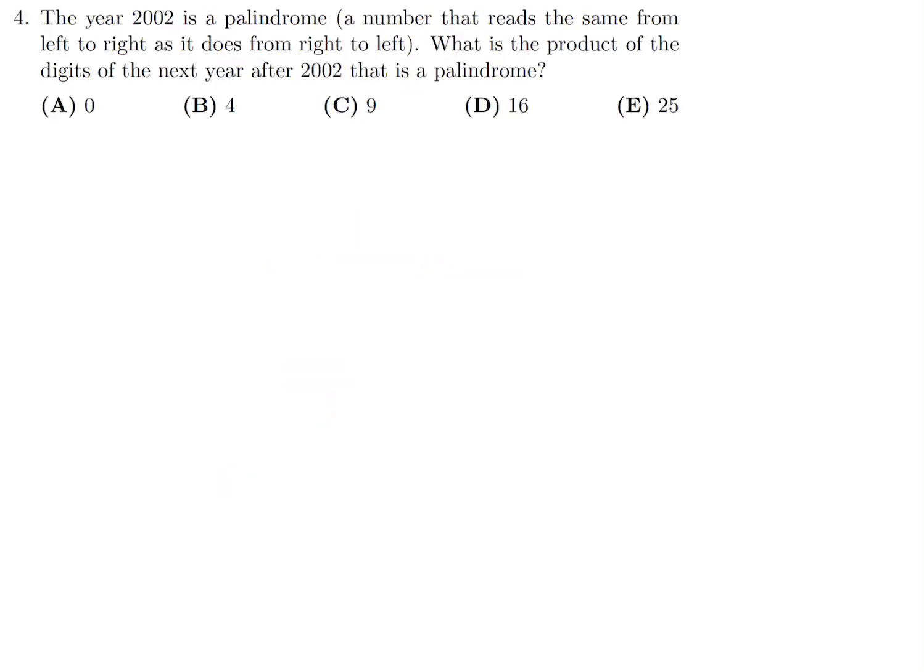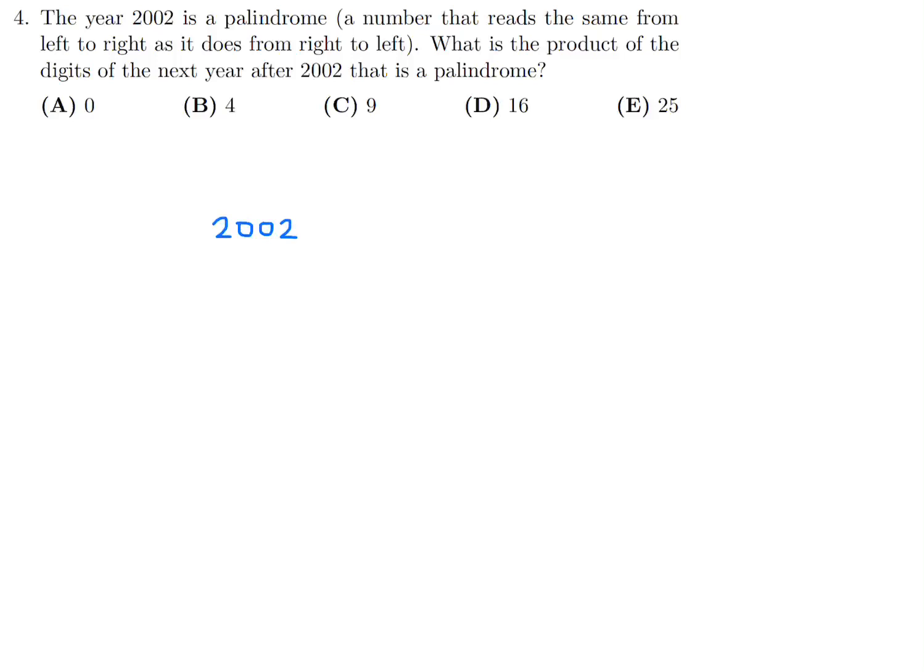The year 2002 is a palindrome, a number that reads the same from left to right as it does from right to left. What is the product of the digits of the next year after 2002 that is a palindrome? Okay, so 2002 is a palindrome.